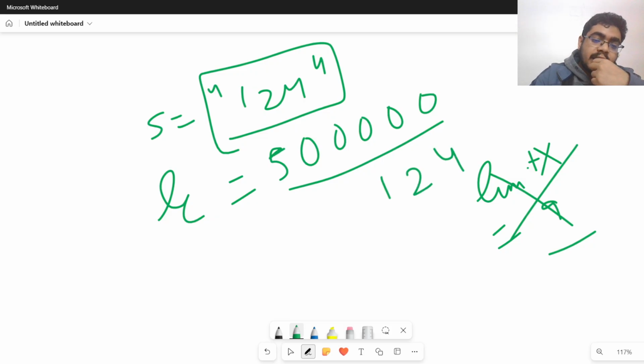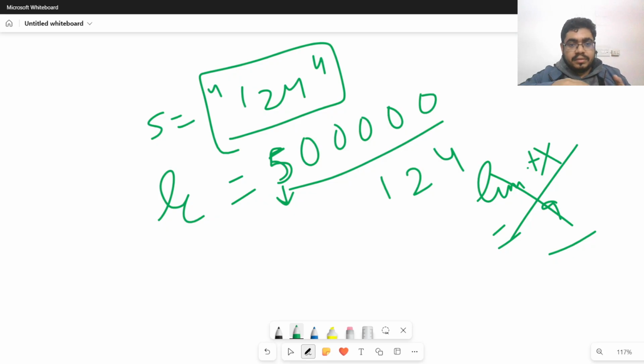Now, I want to calculate the value up to 5 followed by 5 zeros. If I think about the first digit, any value smaller than this 5 into 10 to the power 5 would start with 4, 3, 2, 1 or 0.